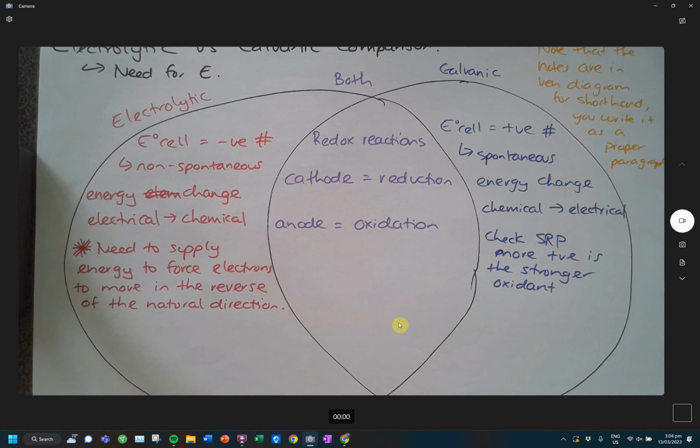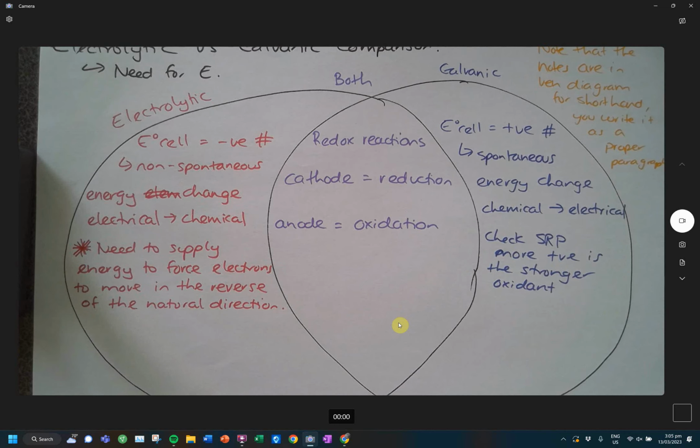So that's something that I forgot to mention that I need to see in your essays. So we need to supply energy to force the electrons to move in the reverse of the natural direction. The natural direction would be the spontaneous reaction. That's why we're forcing it backwards. We okay so far? All right.